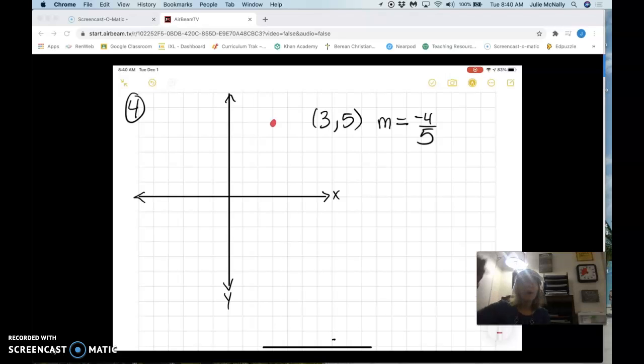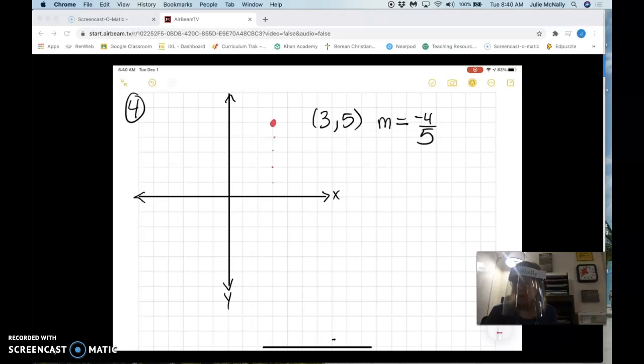So I can just follow that slope from that point and get another point to plot that line. So -4 means I'm going to go down 4 from that initial point that I made. 1, 2, 3, 4.